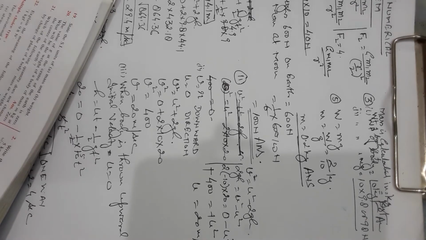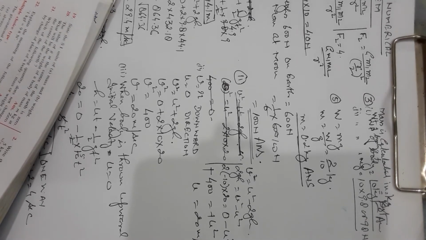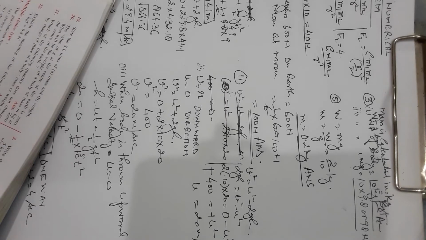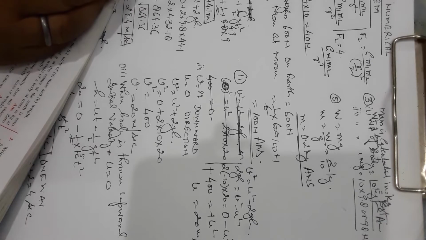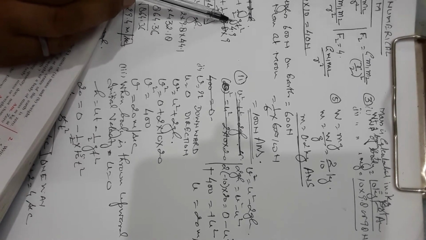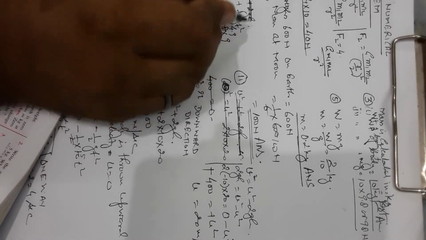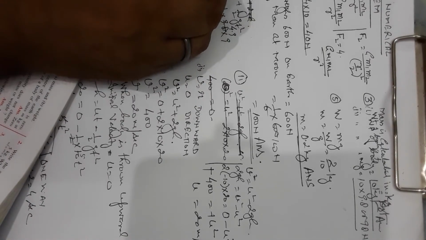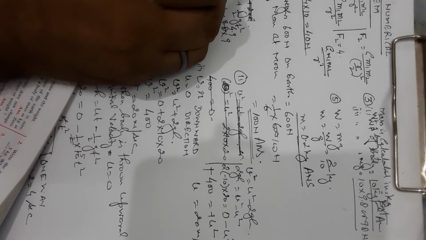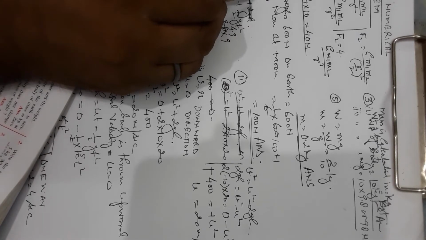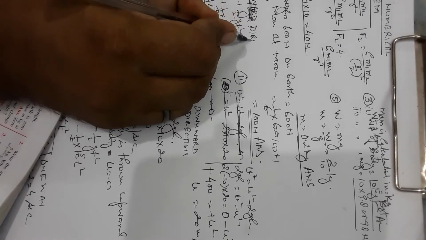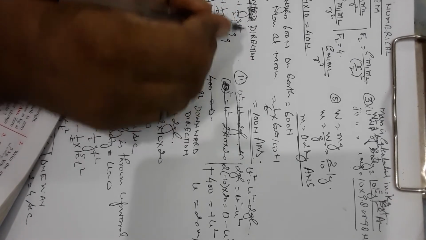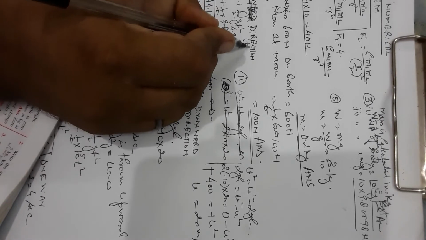What is asked in the first part? The height from which the ball was released. So we'll use the second equation of motion, h is equal to ut plus half g t square. In the downward direction, g is positive.